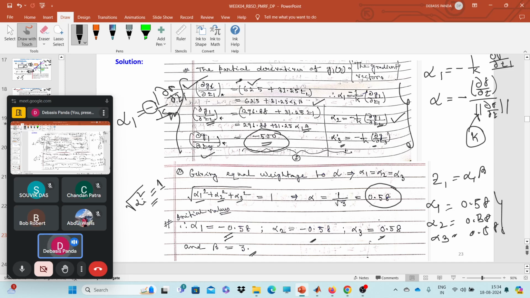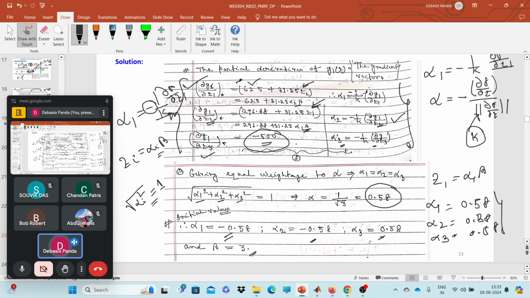Once we have those alphas and betas, we can calculate the new alphas. We know that Zi equals alpha i into beta. Now put alpha into beta instead of Z1. We can do it, right?